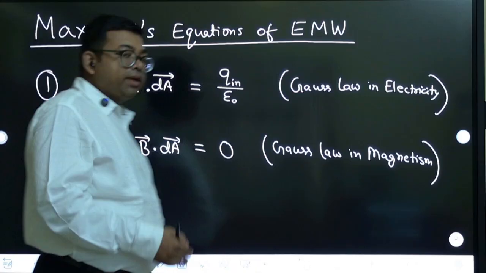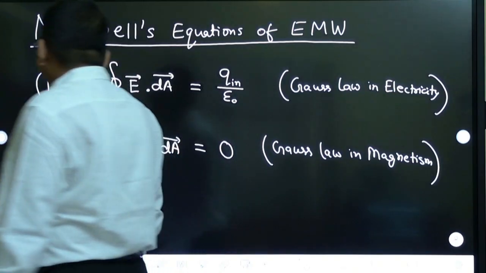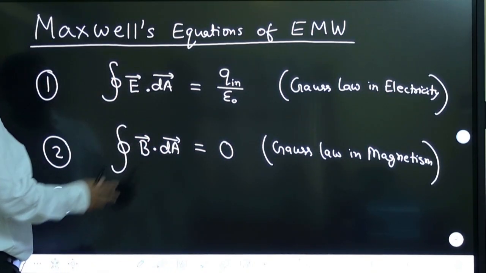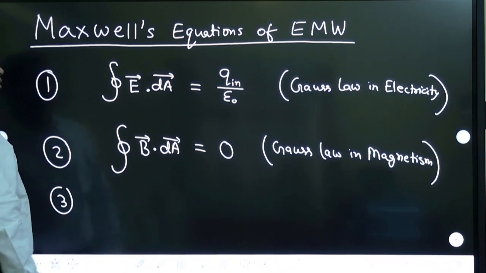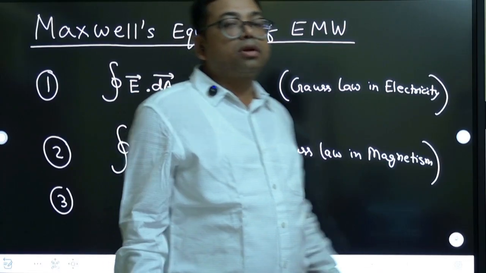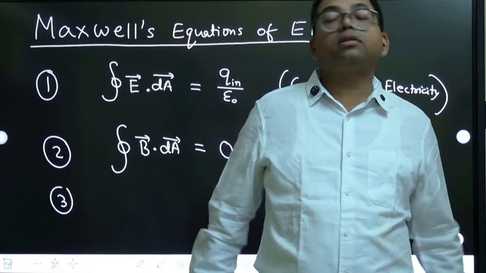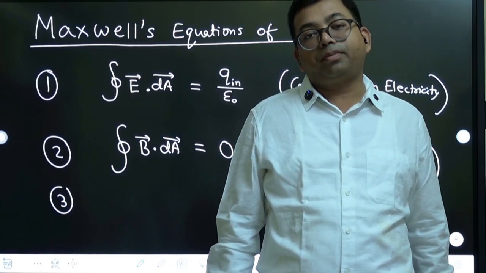Then the third one is that Maxwell has modified Ampere's circuital law, so he has given that law. Some of these laws he has not given himself, but why are we writing them as his? Because he used all of these to combine electricity and magnetism, and he gave the concept of electromagnetic waves.